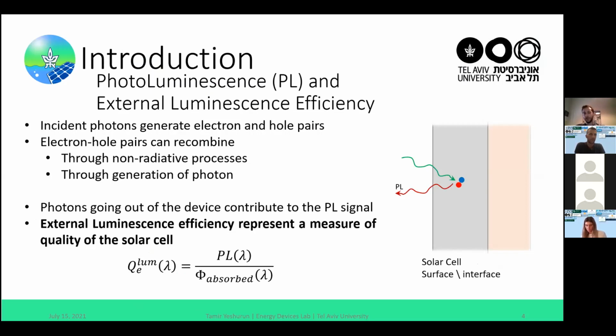But they can also recombine through non-radiative processes, and there are a lot of types, and they can also recombine through surface recombination. As PL is one of the ways to characterize the quality, we look at the external luminescence efficiency, which is a measure of the quality of the solar cell, and it's basically the PL divided by the absorbed photon flux.